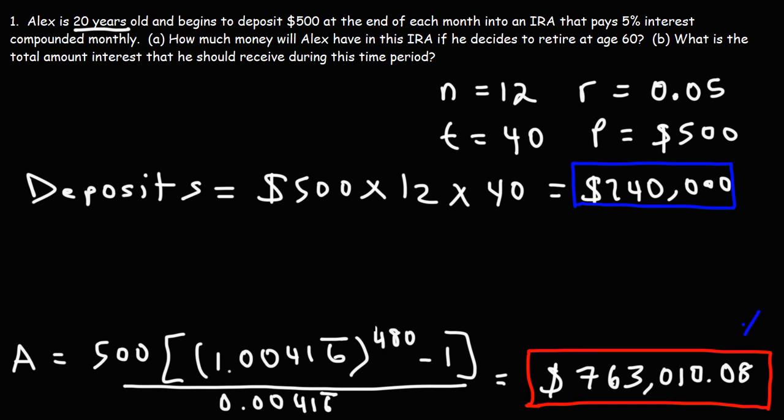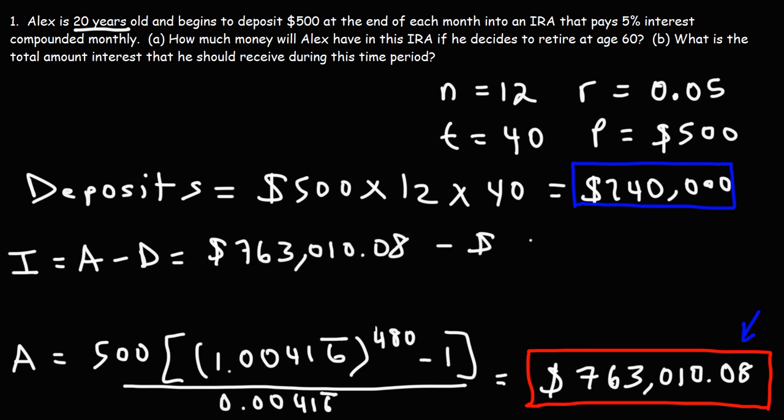But this is going to be his total value at the end of the 40 years. So if we take the difference, that's going to give us the total interest that he's receiving. It's going to be the future amount minus all the deposits. So $763,010.08 minus $240,000.